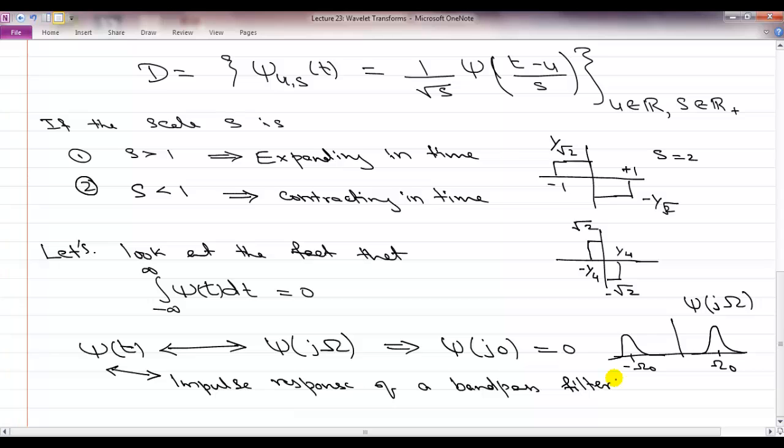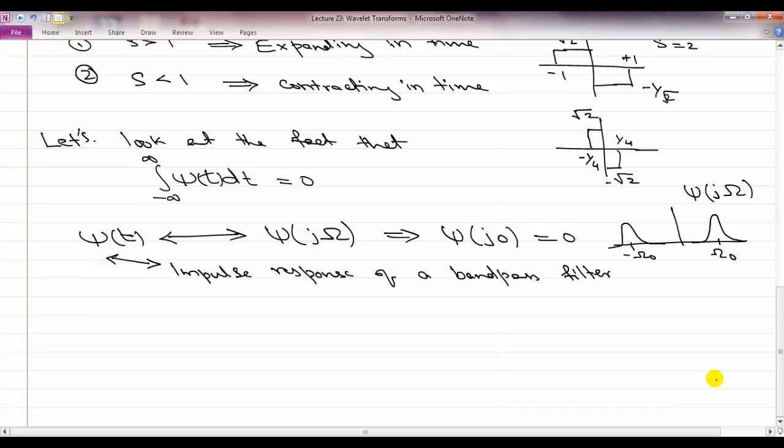Now, if psi of t has this property, let's take a look at what scaling does to the center of this frequency. What we want to argue is that the time shifts give the wavelets this property of localized in time analysis.